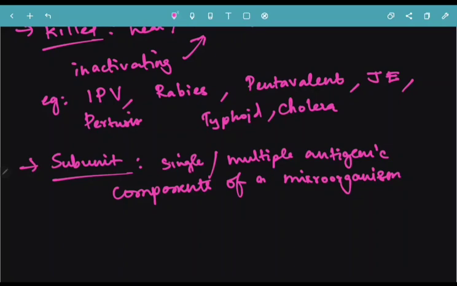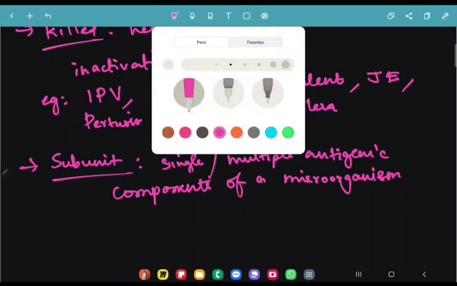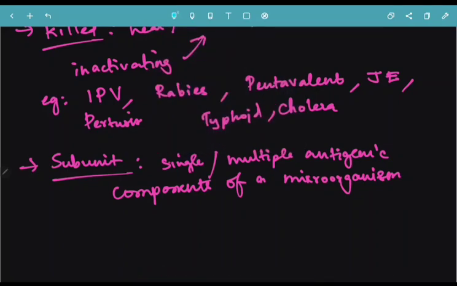Now there are various categories, or types, of subunit vaccines. The first one is toxoids. So what are toxoids?